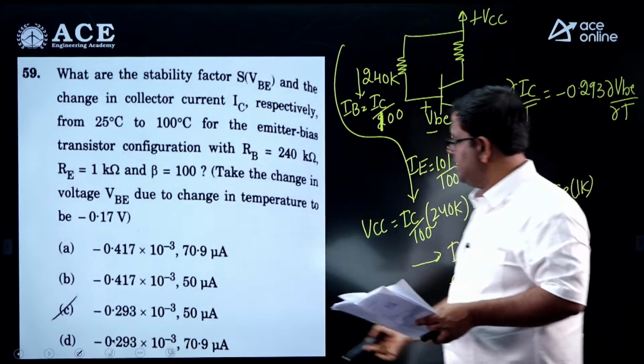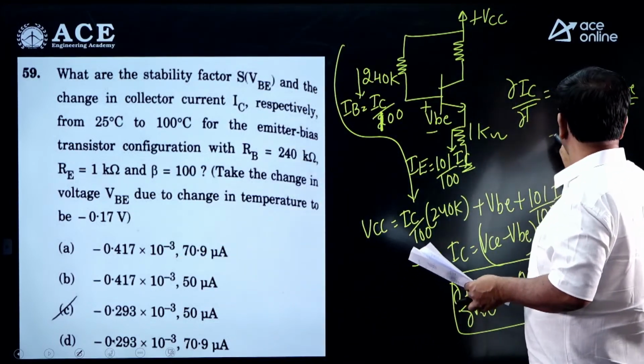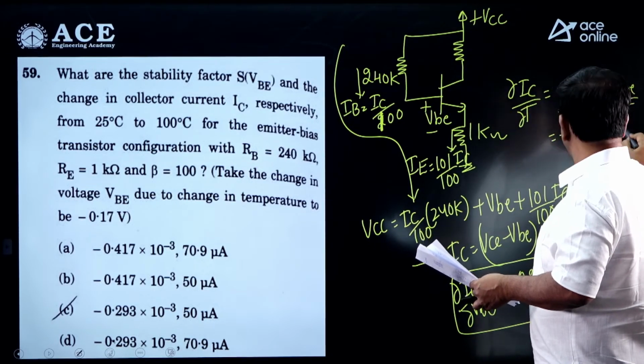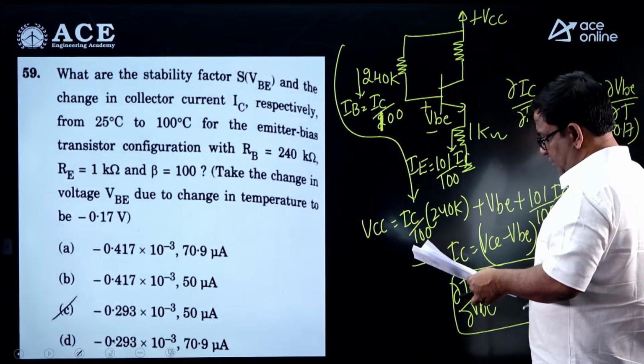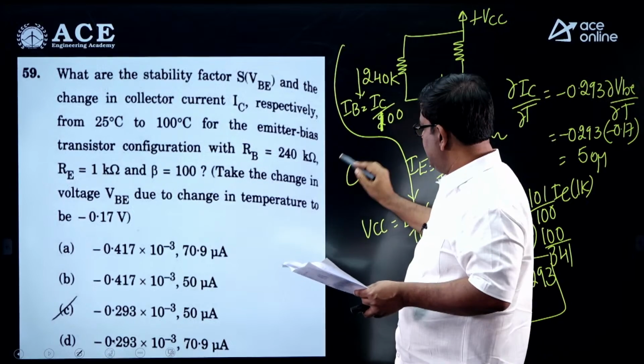So this temperature change, the VB change is given minus 0.7. So 0.293 into minus 0.17, I calculated it to be around 50 micro. So option C is the answer.